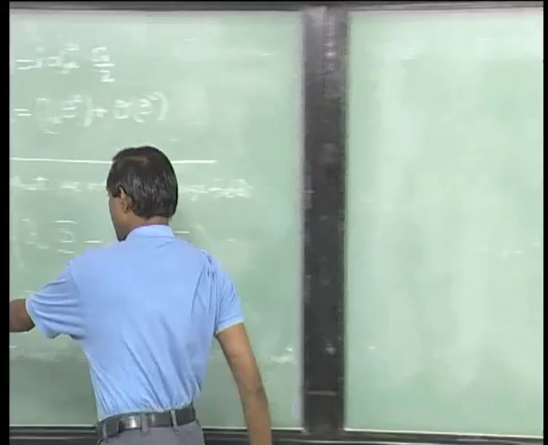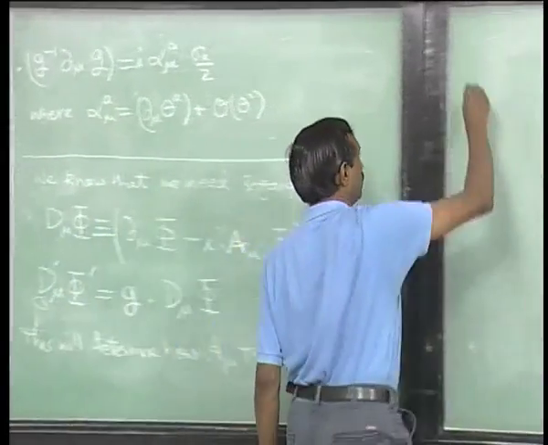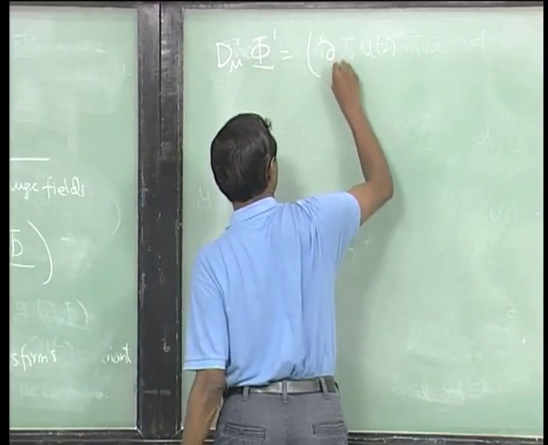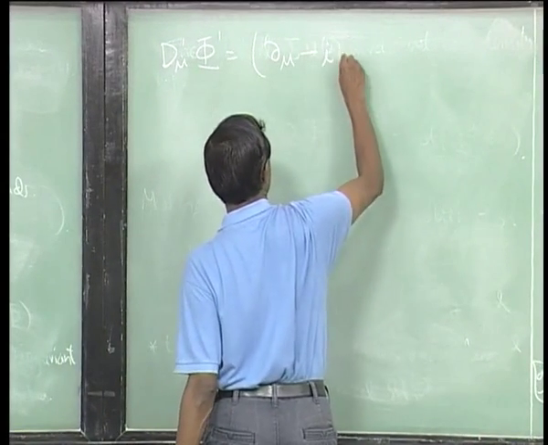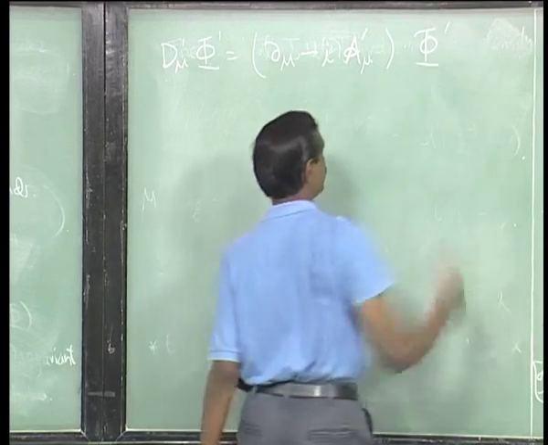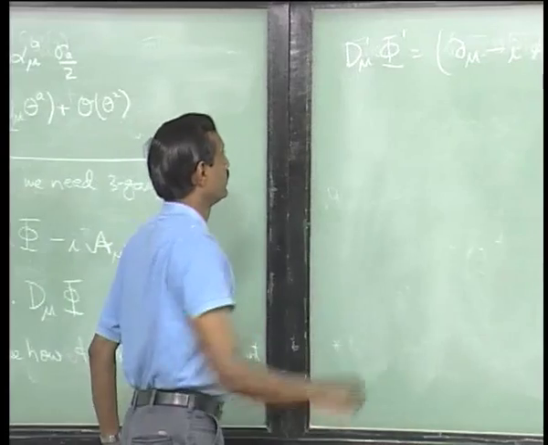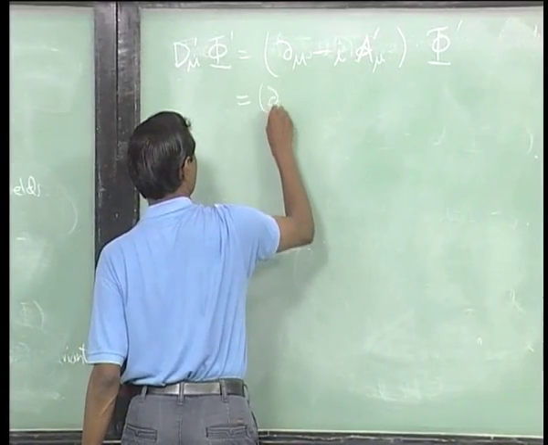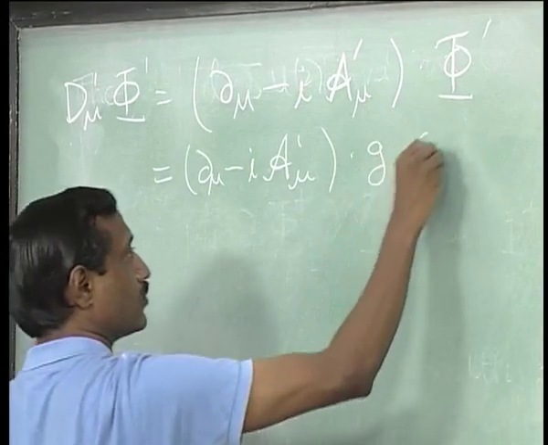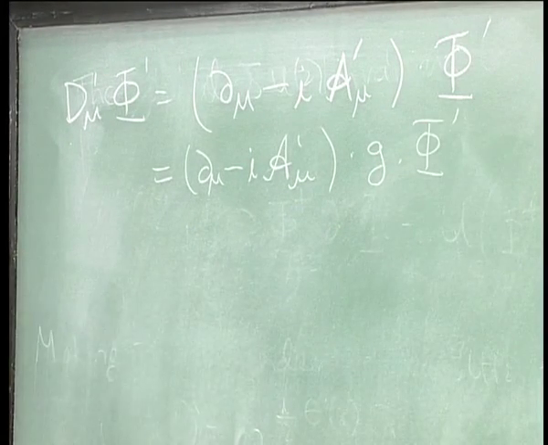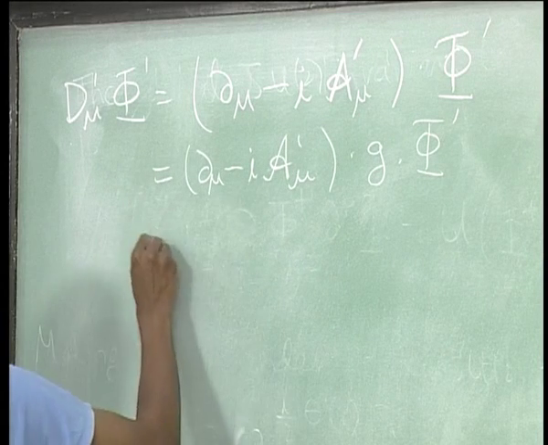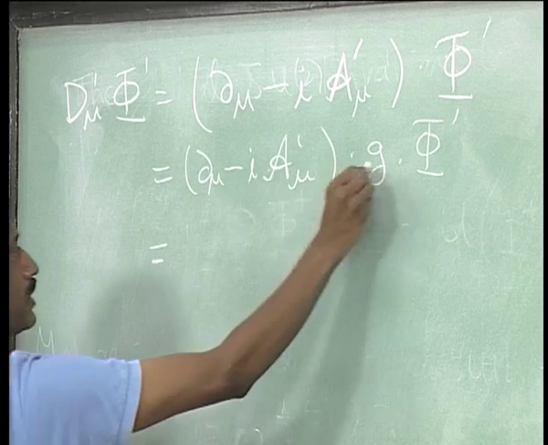So we start with this and then try to equate it to this. So d mu prime of phi prime will be d mu acting on this, and this will be equal to, so now there will be d mu acting on this.